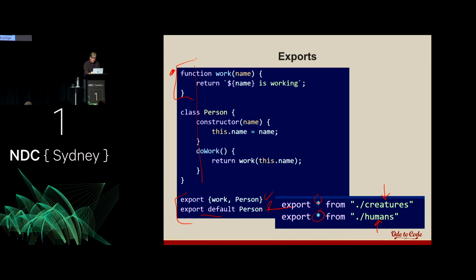Modules, by the way, if you haven't seen this syntax before, you don't have to specify a file extension, but this is literally saying, in this folder, there should be a creatures.js file, and that's where I want to grab exports from. So you can use paths and relative paths to navigate to the modules that you want.